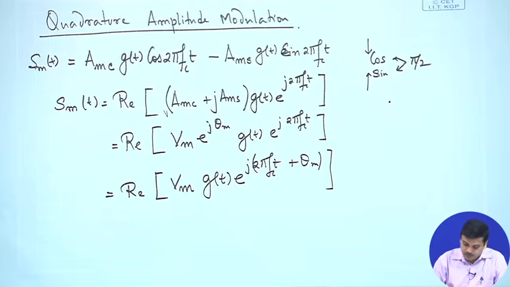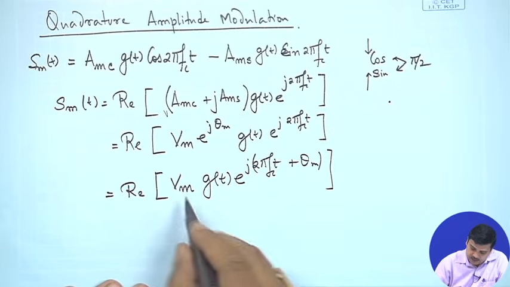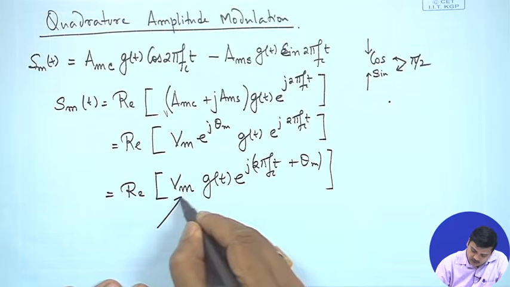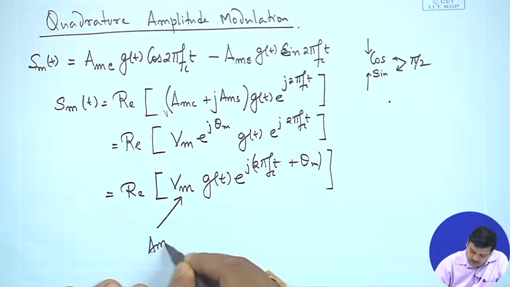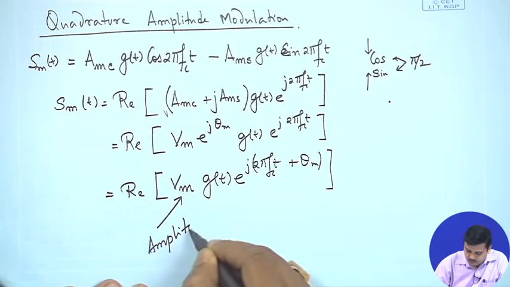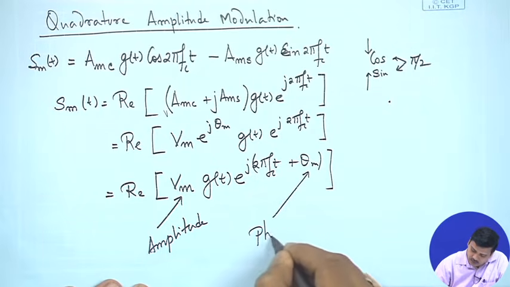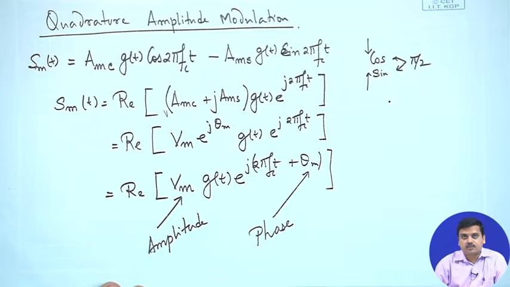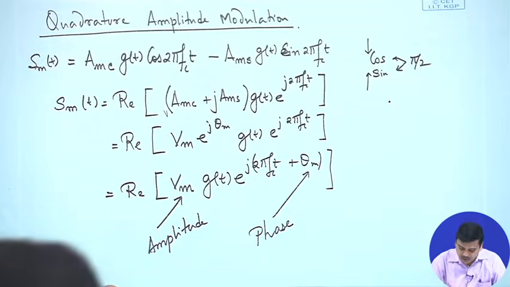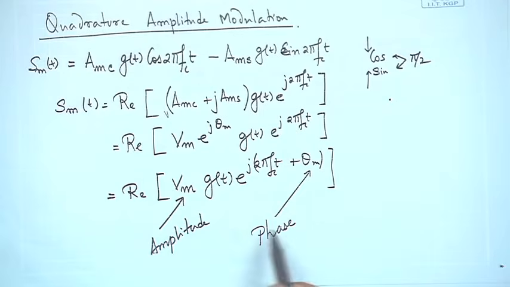So now you can see that from this expression there is an amplitude and there is a phase. What we can get is that the amplitude V_m could be selected independent of the phase and vice versa.